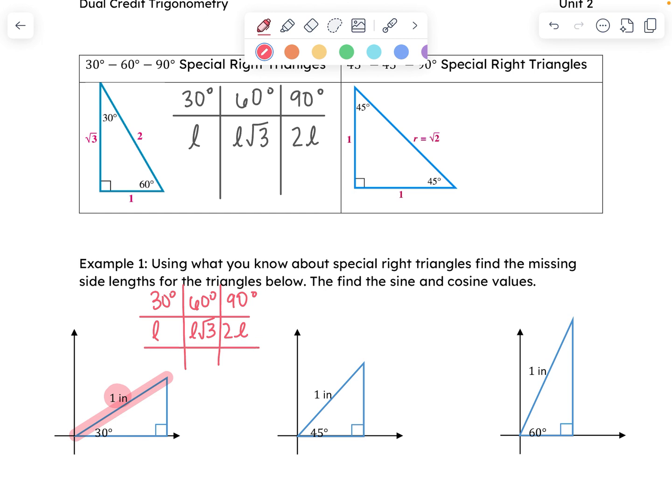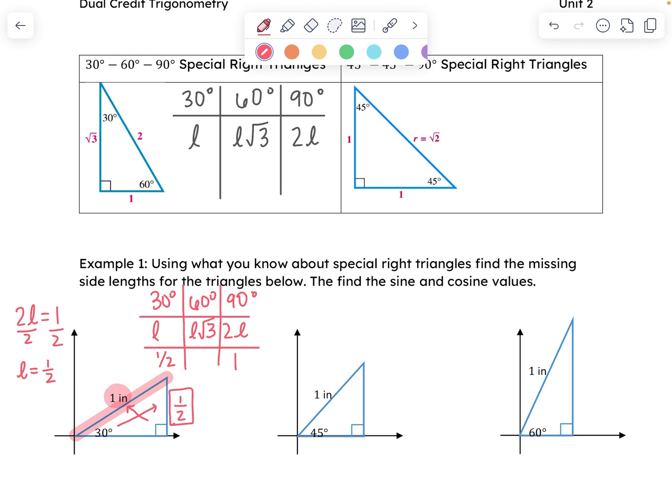And I know the side that is across from the 90-degree angle, so I know this side over here is 1, which means I know that 2L is equal to 1. I'm going to work backwards to figure out what L is. I'm going to divide both sides by 2, and I get that L is 1/2. So that can fill in right here. L is across from the 30-degree angle, so across from my 30-degree angle over here is 1/2. So that's one of my missing sides.